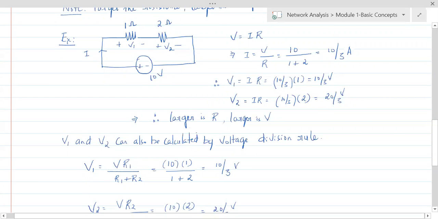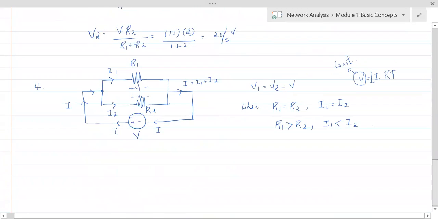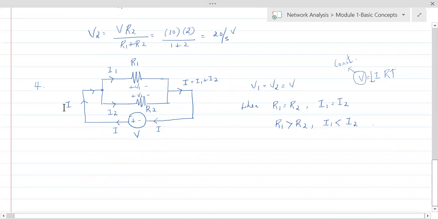This voltage division rule is a shortcut to find V1 and V2 when resistors are in series, because the applied voltage gets divided between these two resistors. Here in the series connection, the voltage was getting divided. In parallel connection, what is getting divided? The current is getting divided.